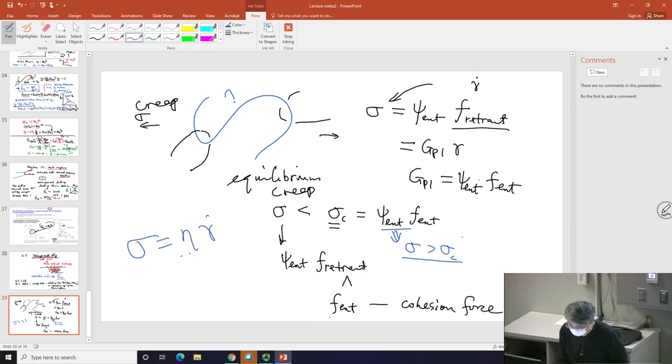When I claim that, is because I can just arbitrarily increase my shear rate. Provided, remember we said the shear thinning doesn't go with, I think normally, in this notation, I'm actually running out of the right notation.